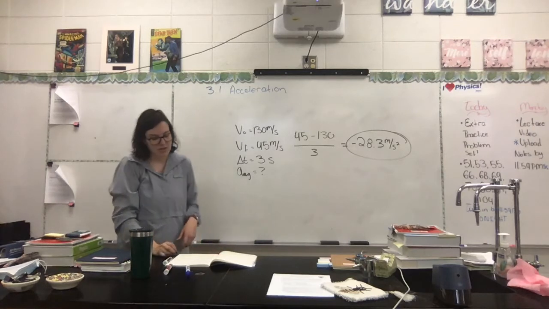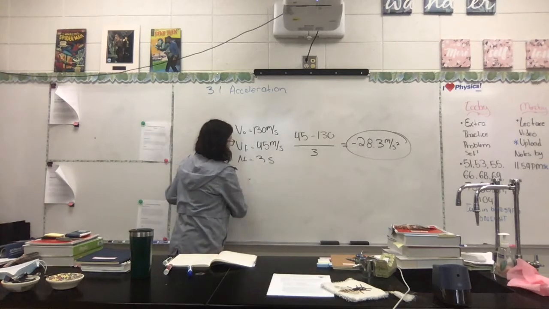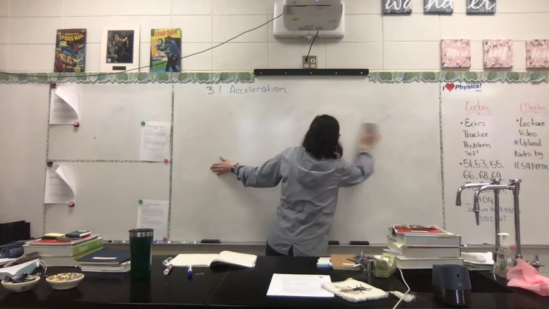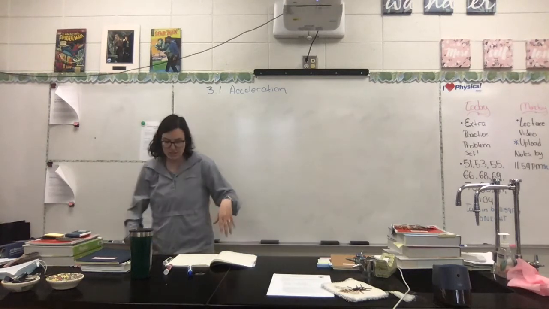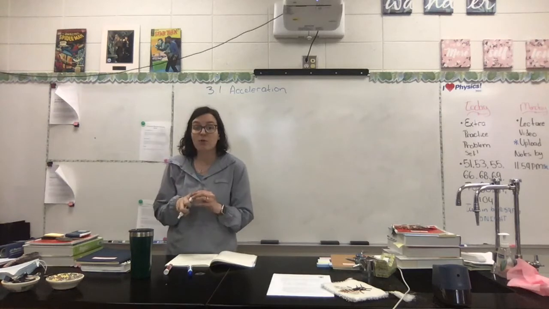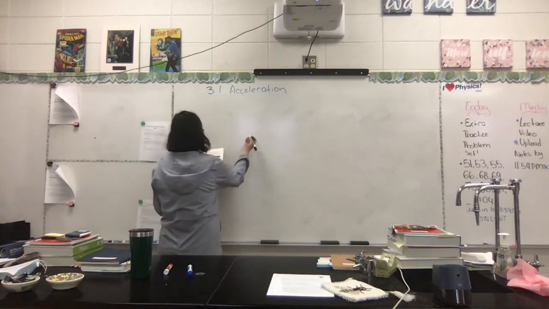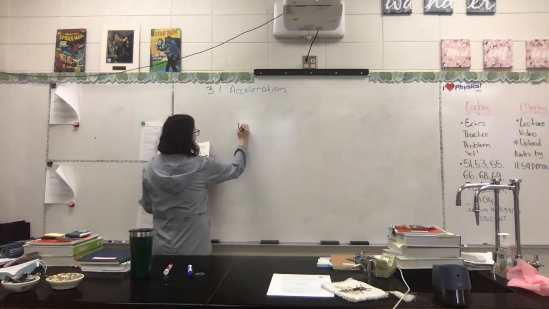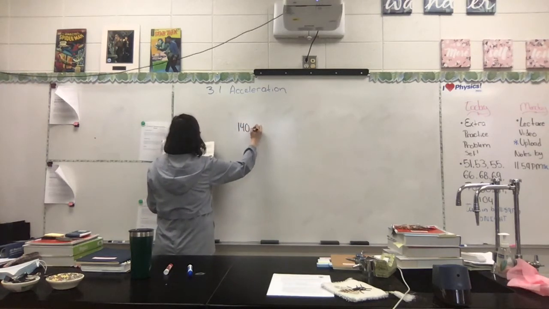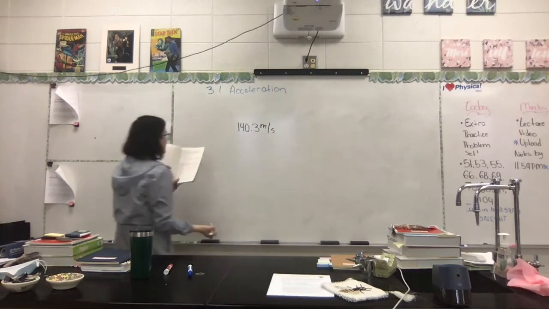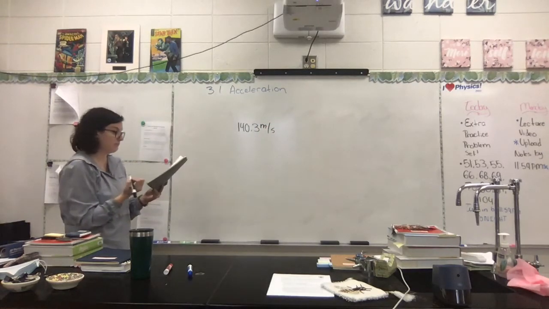Okay, so to keep on going with the drag racers, but make it a little bit more interesting, we're gonna have one winning, okay? And the winner was traveling with a speed of 140.3 meters per second at the end of his quarter mile.